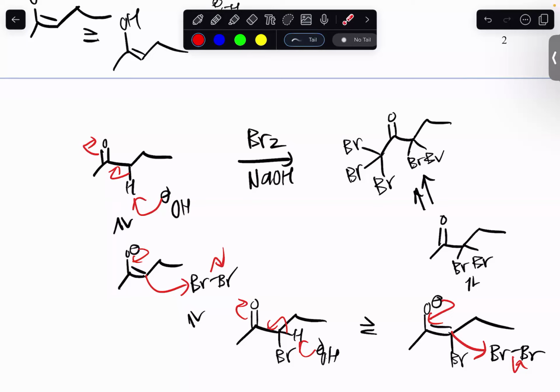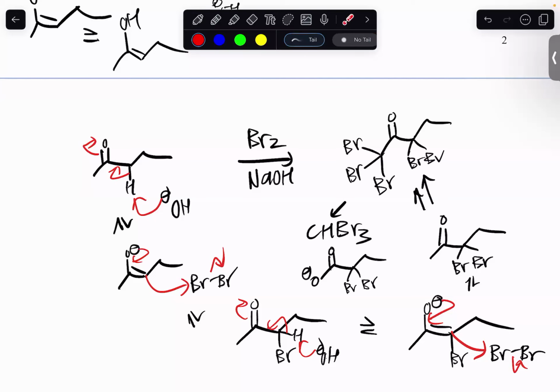Oh yeah. And then later on, it leaves as CHBr3. And then we have O minus, O, Br. Why is there an O minus? I'm trying to see the mechanism here really quick.